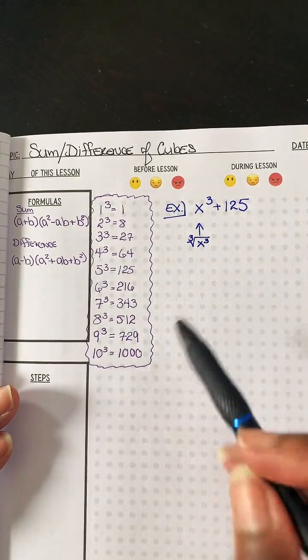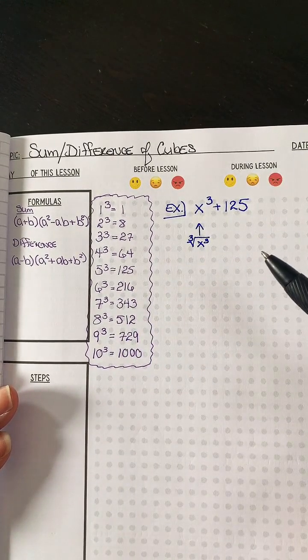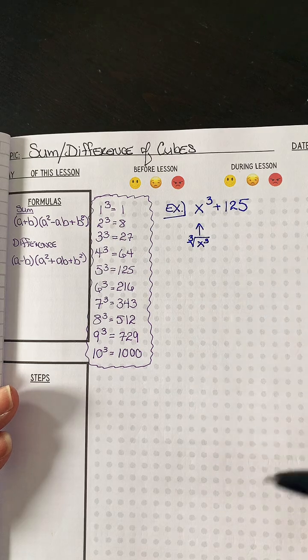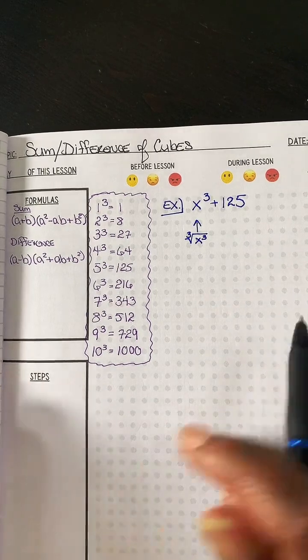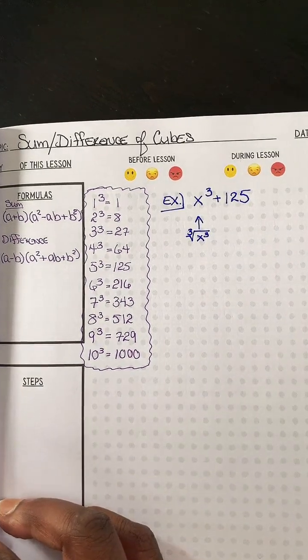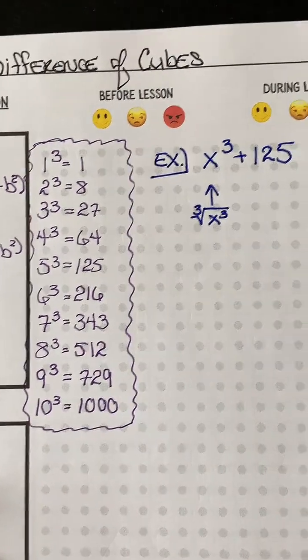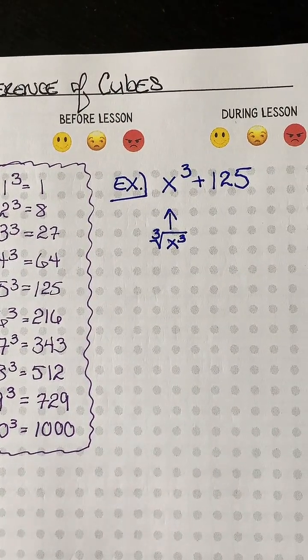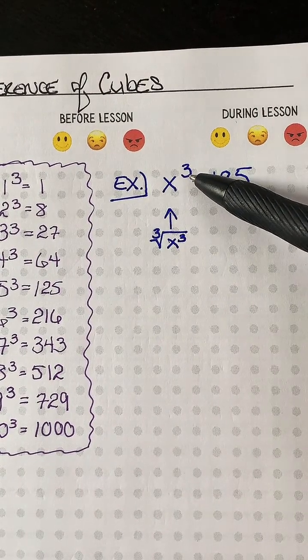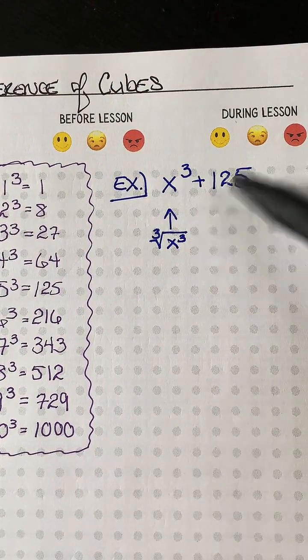Now, when we were talking about squares and square roots, they're inverses of each other. So there is something called a cube root. Some of you are probably like, whoa, this is the very first time I've ever seen this. Well, here we are. The inverse of a cube is a cube root.